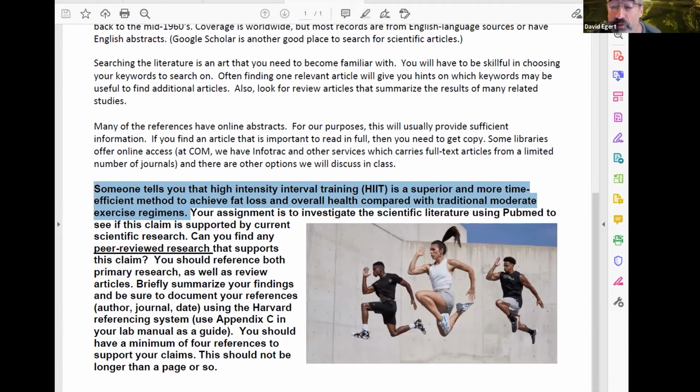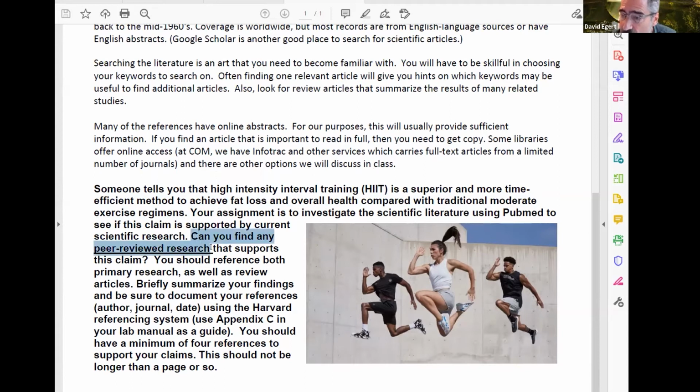Sometimes I have students actually look into energy drinks and see, does Red Bull actually seem to improve your performance on things? There can be lots of things you're curious about. And then you want to know, has anybody looked at this rigorously? And if they have, what have they found? So this one is high intensity interval training, as opposed to doing more traditional things.